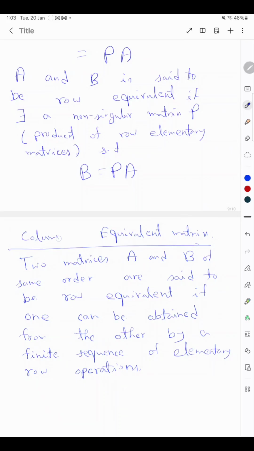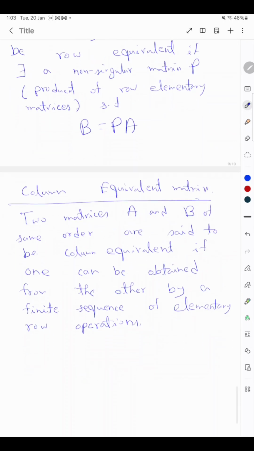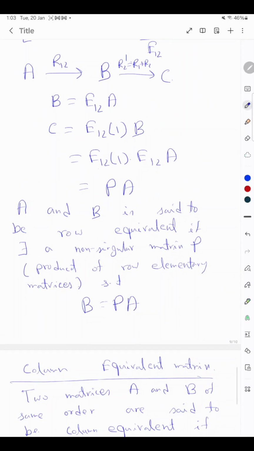Matrices of the same order are said to be column equivalent if one can be obtained from the other by a finite sequence of elementary column operations.